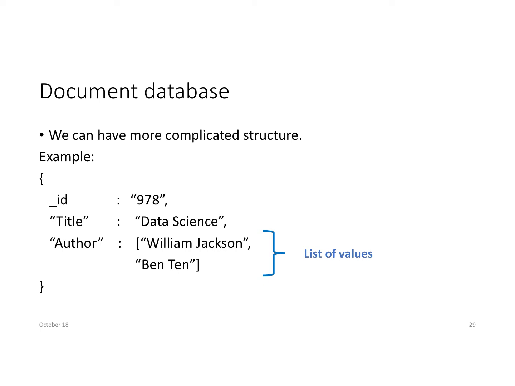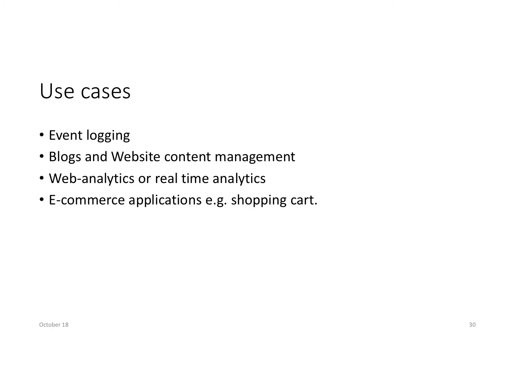For example, ID, title: data science, author: William, and this bracket we consider as an array, because there are 2 authors. So we can use document databases in event logging, blog website content, web analytics or e-commerce applications. The example I showed is Shopee.